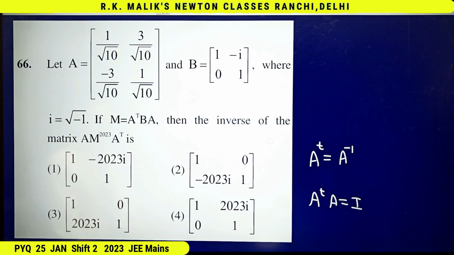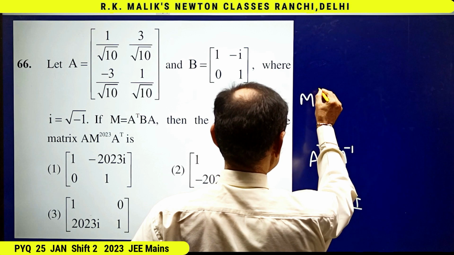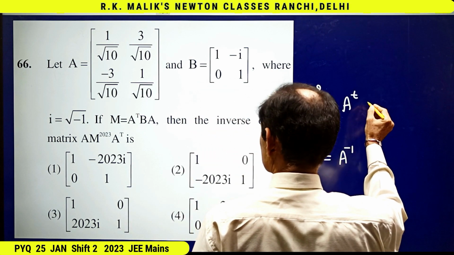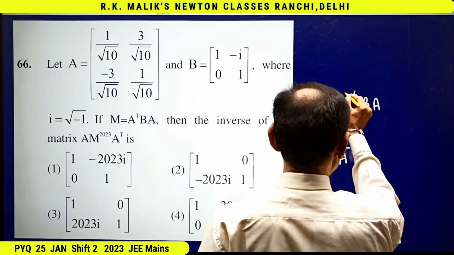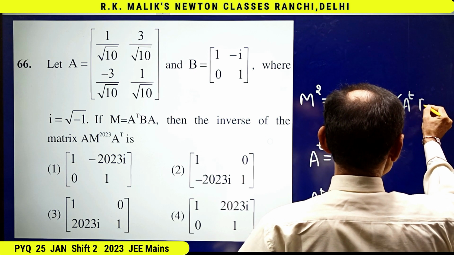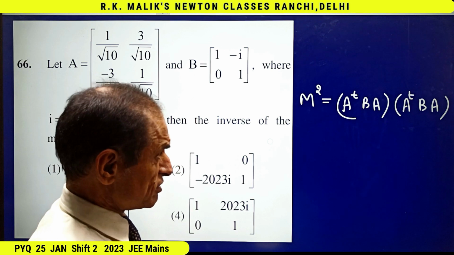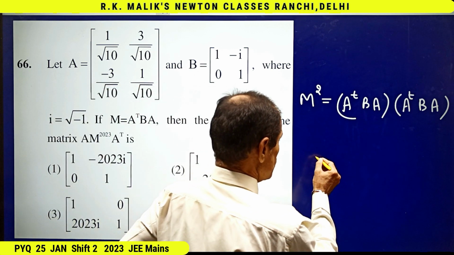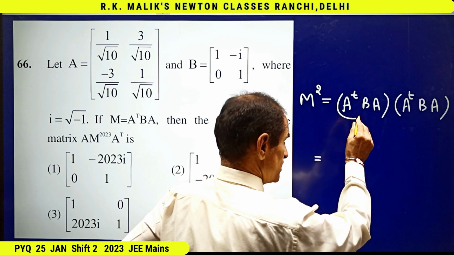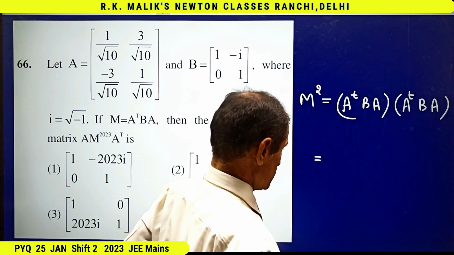Now, keeping this in mind, if I want to find M square, M square means A transpose B A into A transpose B A. The associative property of matrices says that, provided you keep the order of the matrices the same, you can multiply any two matrices first.